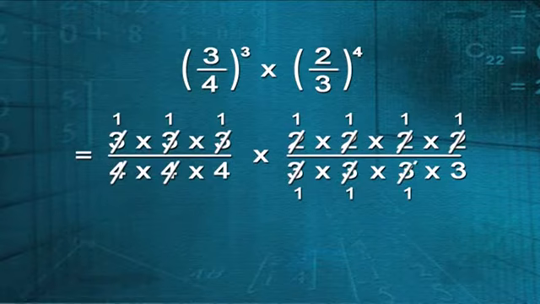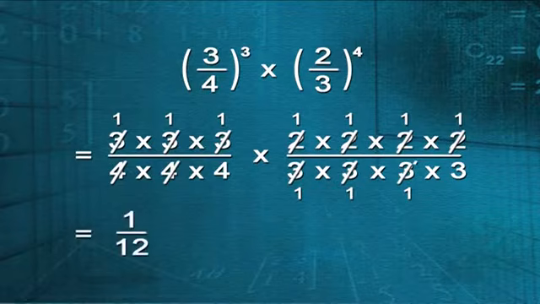You will cancel out 2 and 2 in the numerator against the 4 in the denominator, and you will be left with 1 by 12. So, the expression which we had, 2 by 3 raised to power 4 multiplied by 3 by 4 raised to power 3, has been reduced to a simple number 1 by 12. So, learners, we learned that if an expression is given, we can write that expression in the exponential form, and if a number is given in the exponential form, we can simplify it.